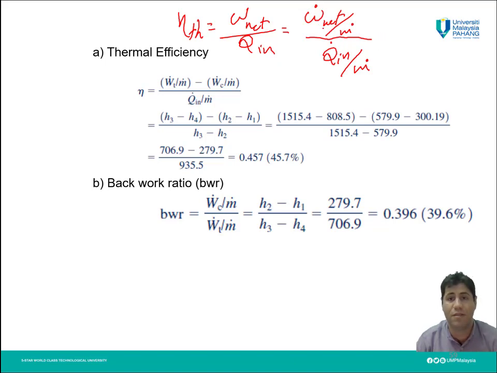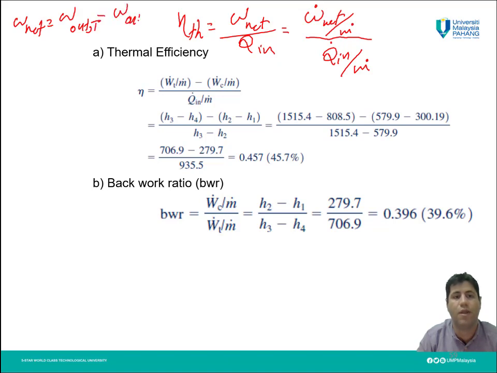And W net actually for this cycle, for Brayton cycle, is equal to W out of turbine minus W in actually for compressor.